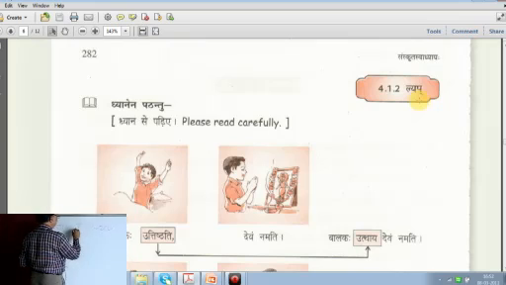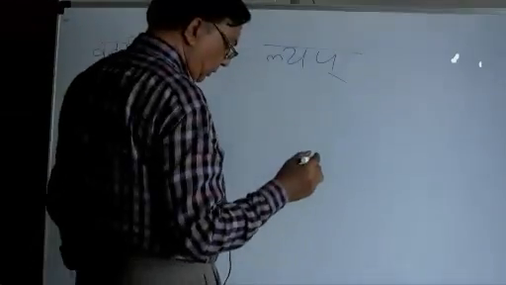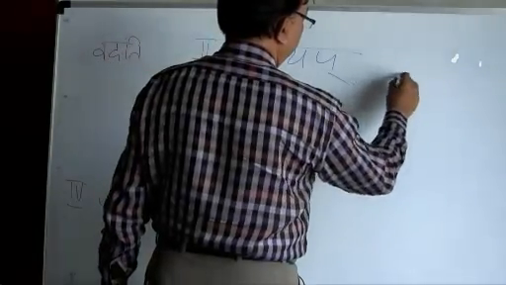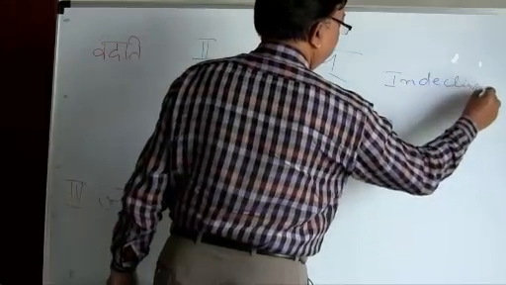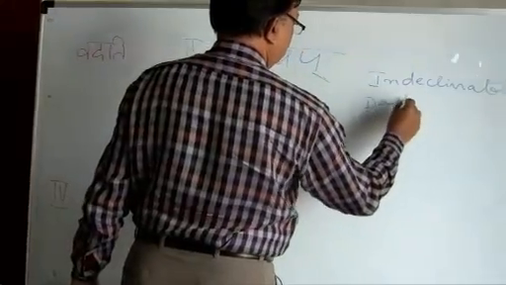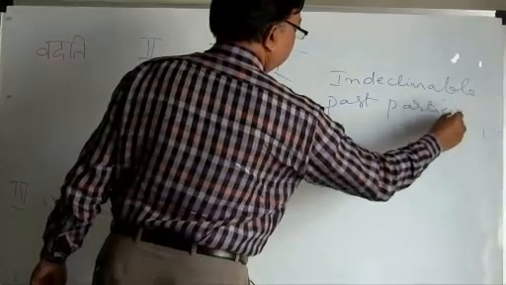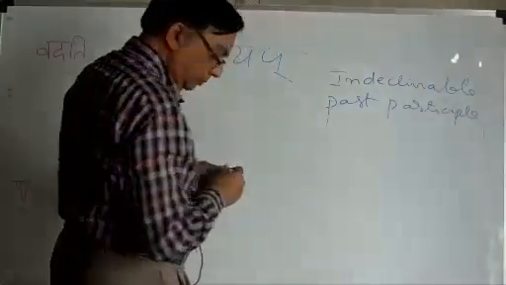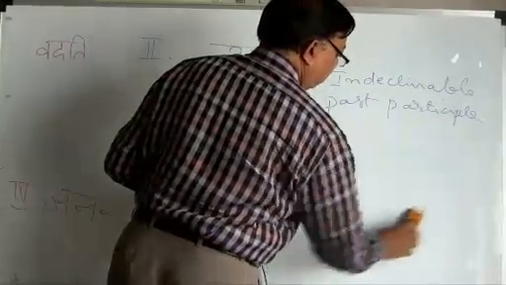This is the second lyap. In English we call the same indeclinable past participle. The first one, Tvanta, and this one, both are indeclinable.